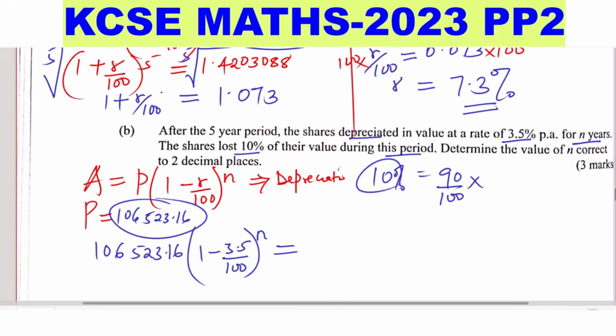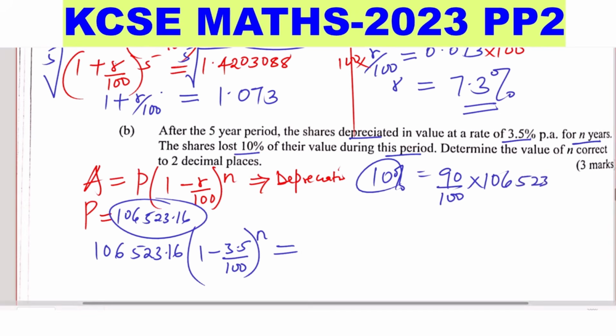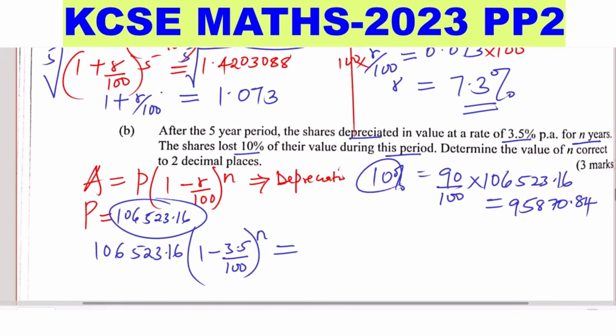So 90% times 106,523.16. When you work that out, we get 95,870.84.